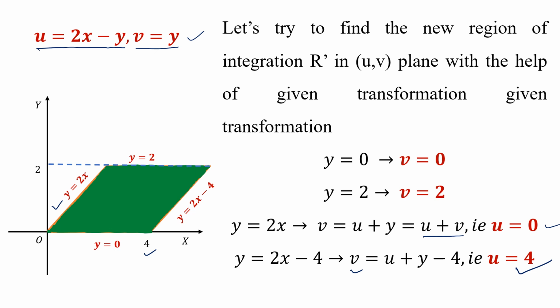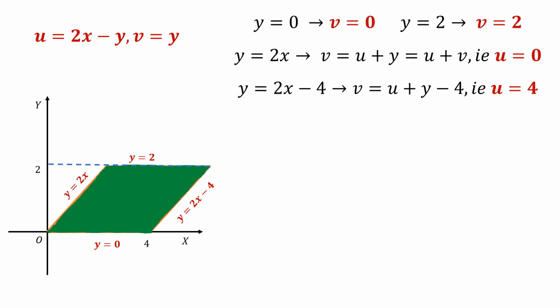Okay, so next part is, after having this limit, we will draw the next region, over which we have to integrate. So this is your xy plane, and you are transforming it into the uv plane. So what kind of region do we get under this transformation? This is the u and v axis.